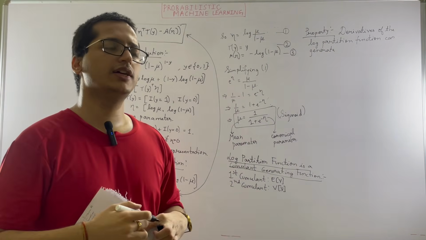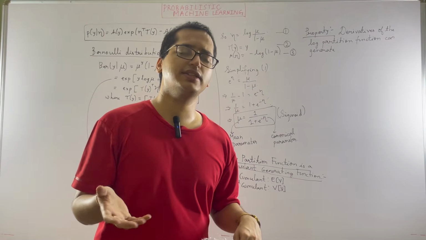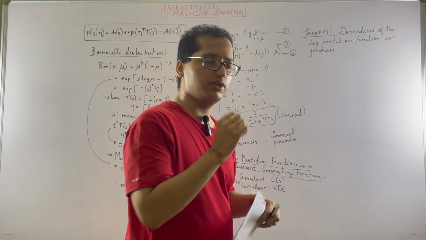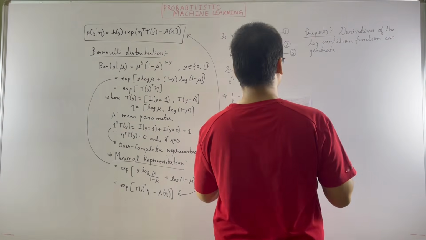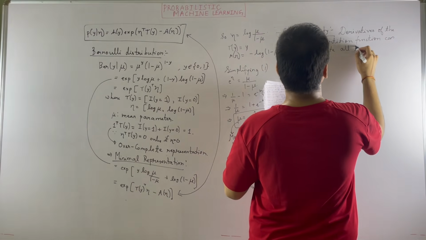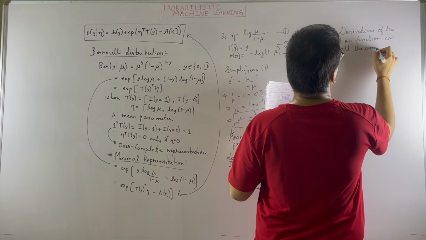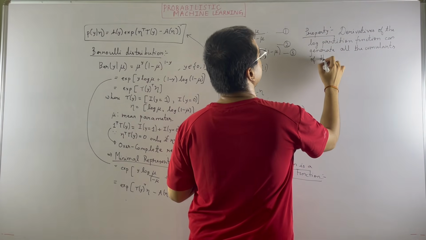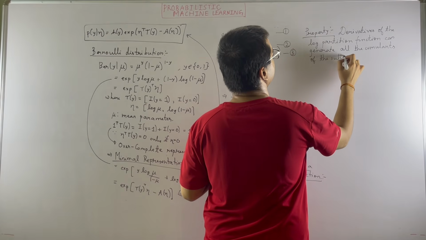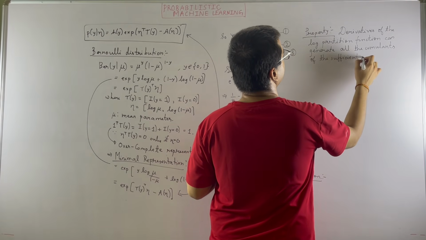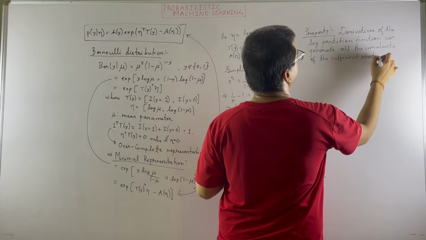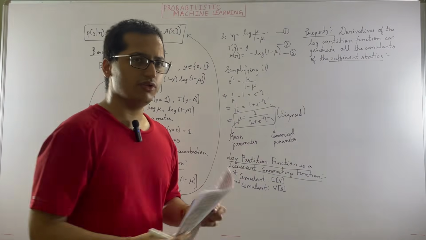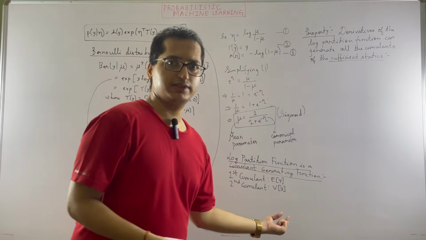So isn't it beautiful that I do not need to store all the cumulants? I can just use the log partition function to generate all the cumulants. All right, can be used to generate all the cumulants of the sufficient statistics. Like the mean, okay, the variance. So the mean and the variance, these are what? For Gaussian, they will be the sufficient statistics.